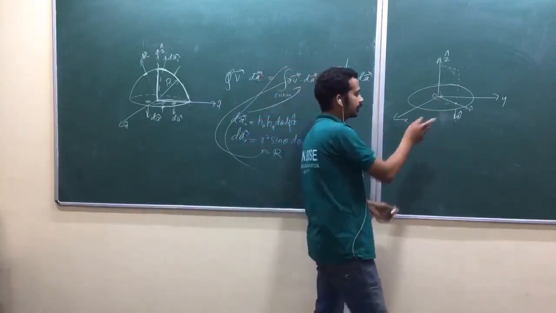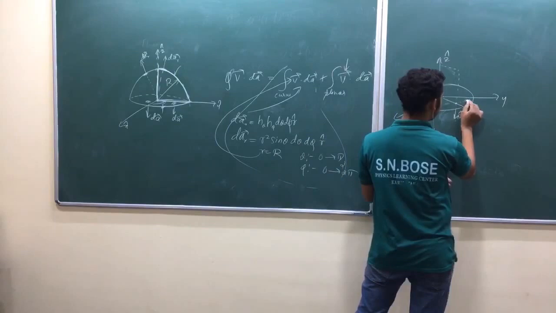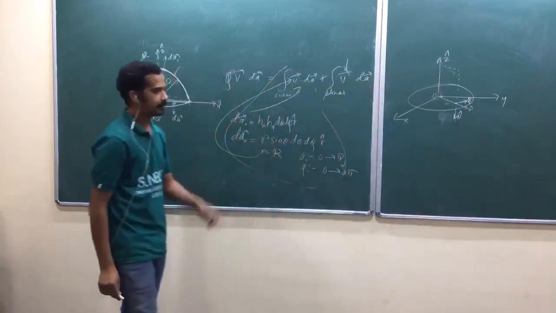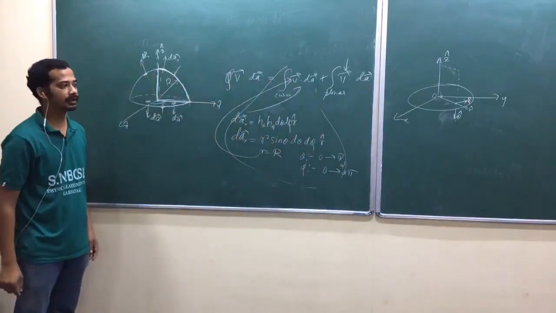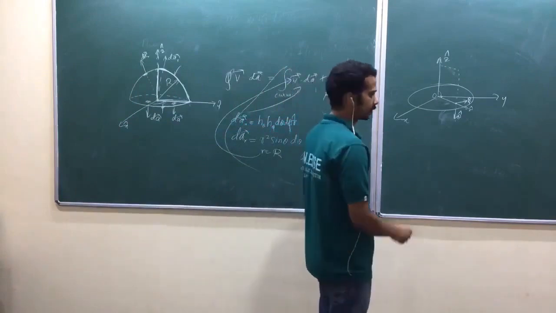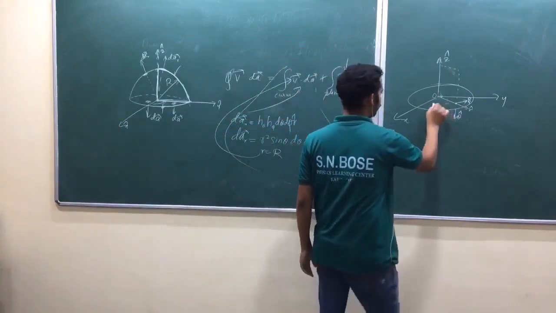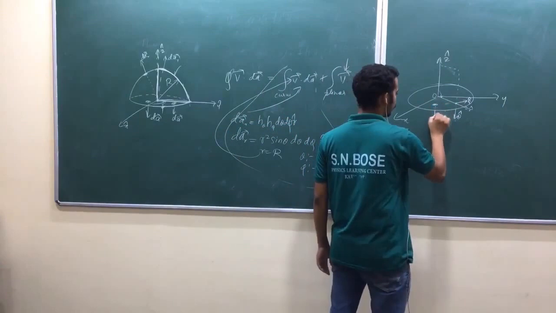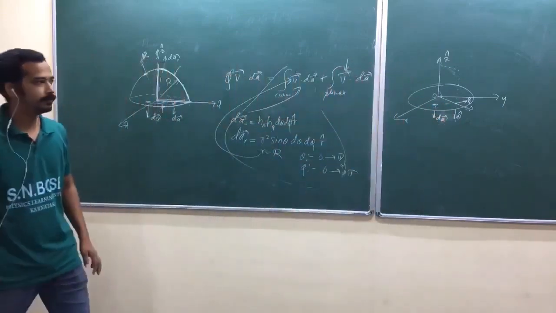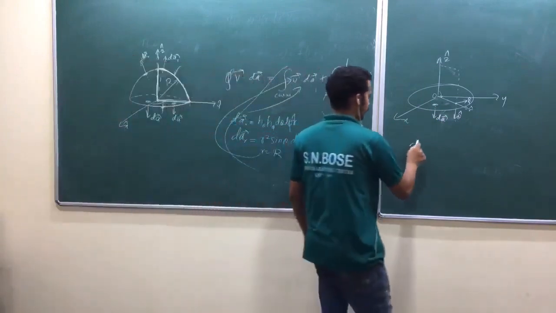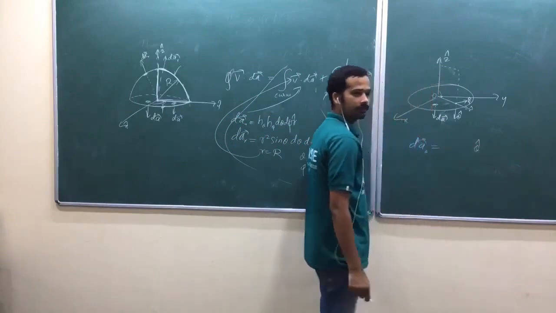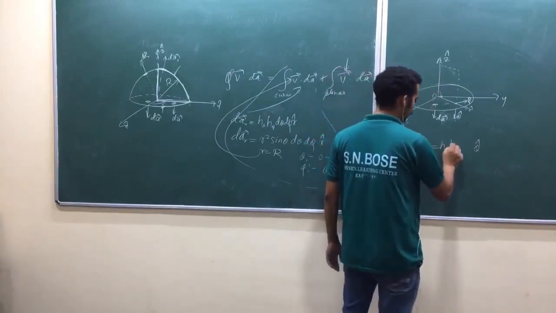Now r cap cross theta cap is phi cap, but phi cap is not needed. What we need here is theta cap. Our area vector is along theta cap. In this surface, this area vector, which is downward, is along theta cap. How do you write that one? h_r, h_phi.